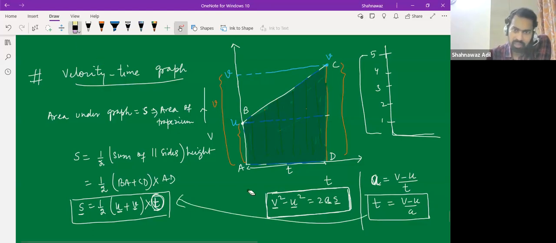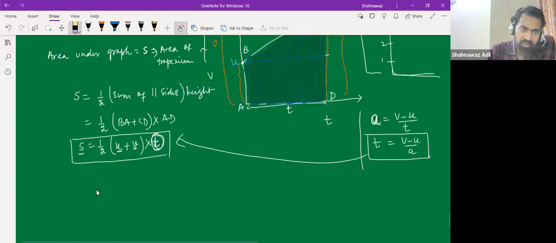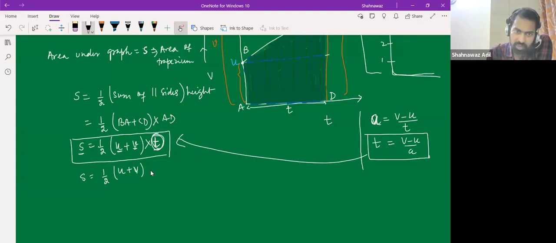Understood? Let us replace the value of T. So that would be S is half into U plus V and T is V minus U by A. And this is V. So let us write this as V plus U. Right? U plus V I can write as V plus U, like 2 plus 3 as 3 plus 2.